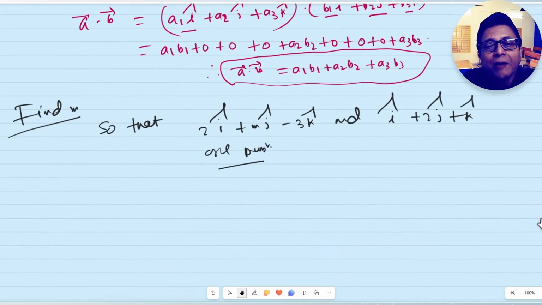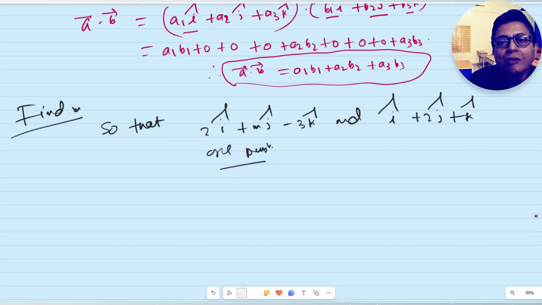To prove they are perpendicular, we'll use their dot product equal to 0. So the answer will be like this.